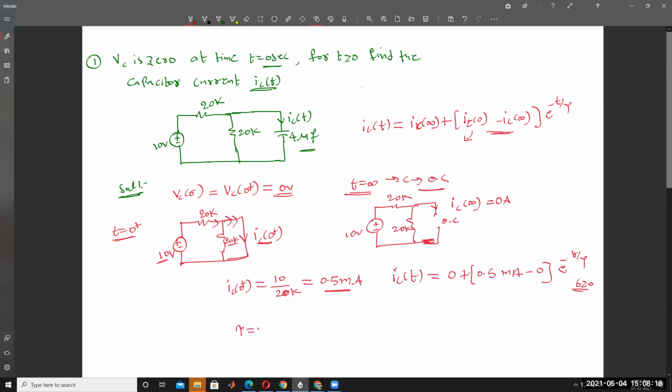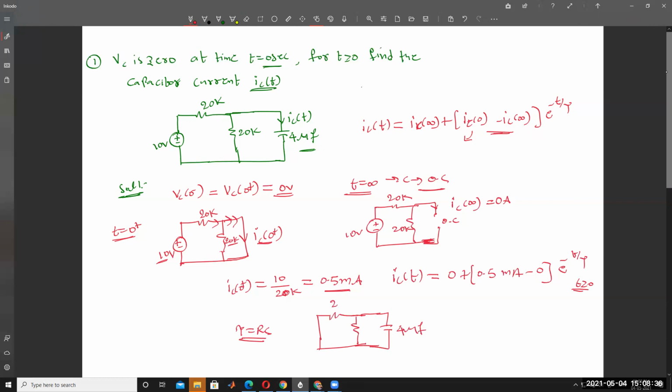So how to find the time constant? Here a 20 kilo ohm resistor and another 20 kilo ohm resistor, the voltage source is short circuited, and this is the capacitor, 4 microfarads.